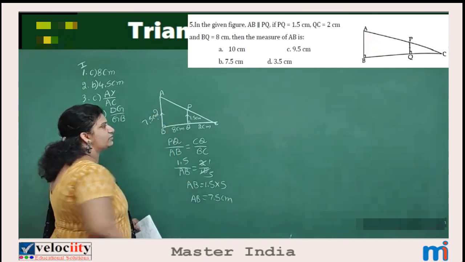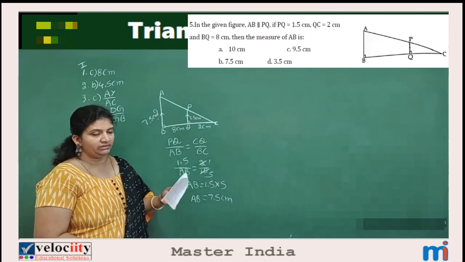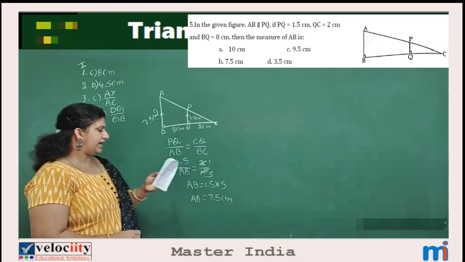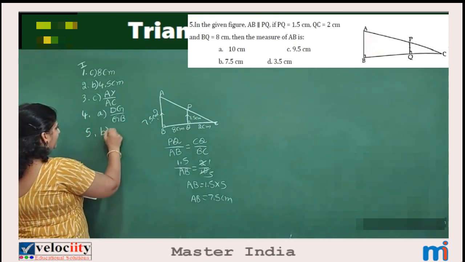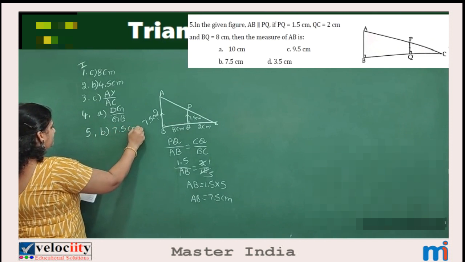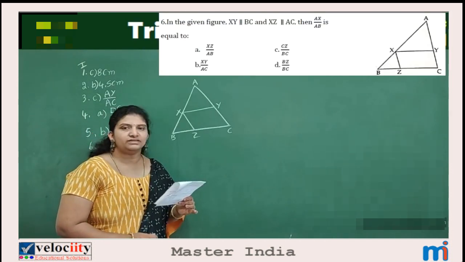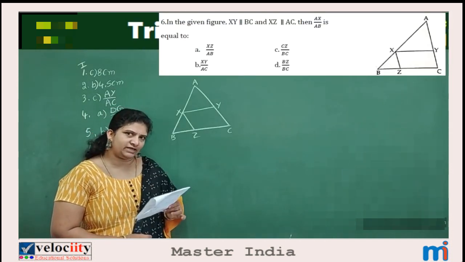Therefore, AB length is equal to 7.5 centimeters. So, which option is your right answer? Option B, 7.5 centimeters.